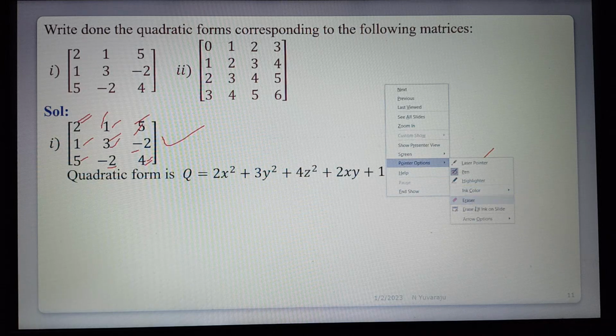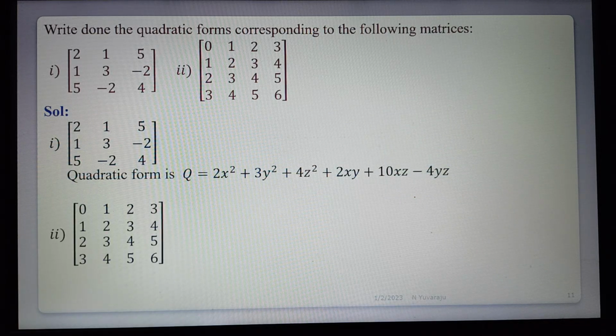Now similarly the second one. The given matrix is 4x4, so 4 unknowns, choosing any unknowns. The diagonal coefficients are 0, 2, 4, 6 for the 4 unknowns.